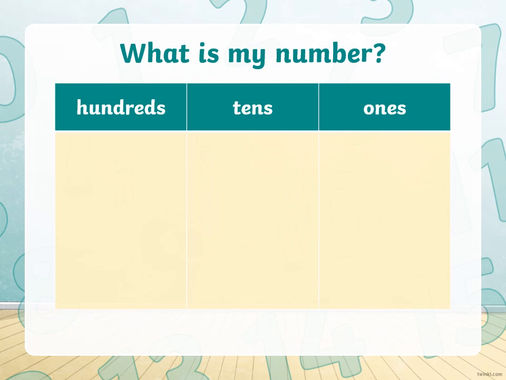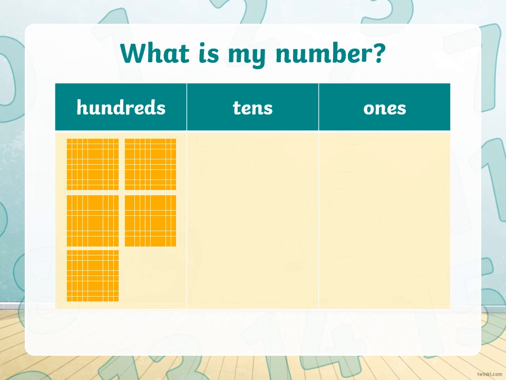All right, let's try this one. Okay, we've got 1, 2, 3, 4, 5 hundreds. We've got no tens, and we've got 1 one. Our number is 501. So let's have a look again. If we didn't have a 0 in the middle, our number would be 51.